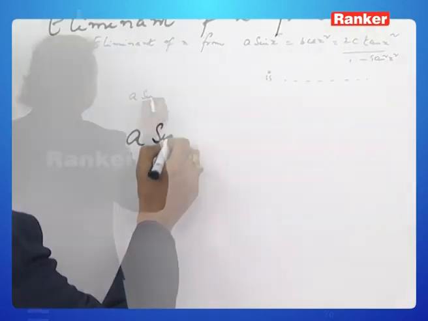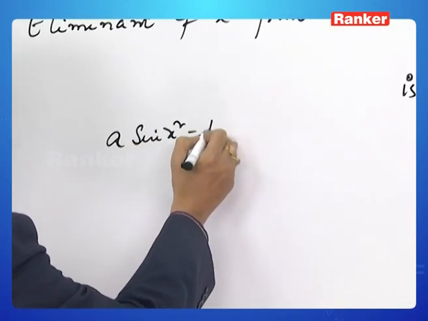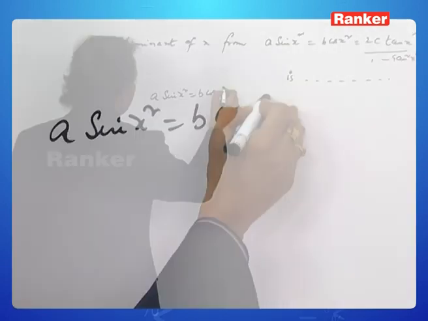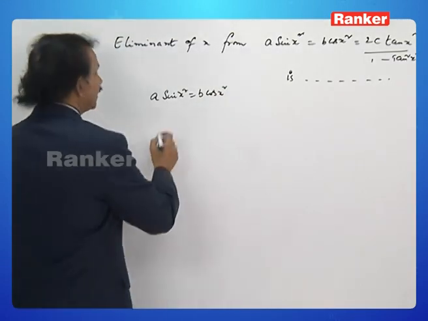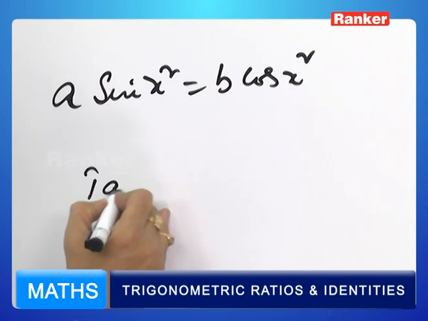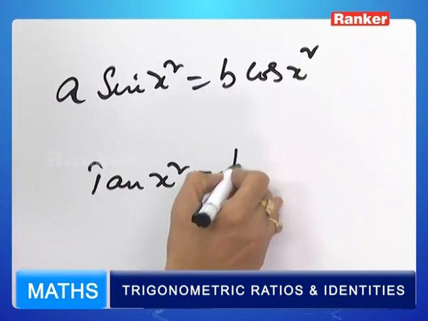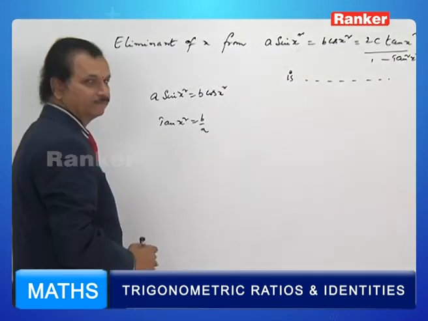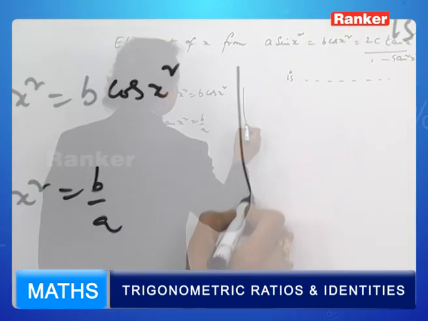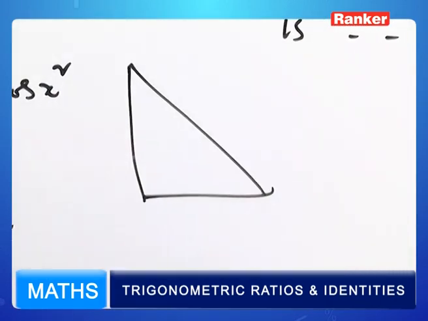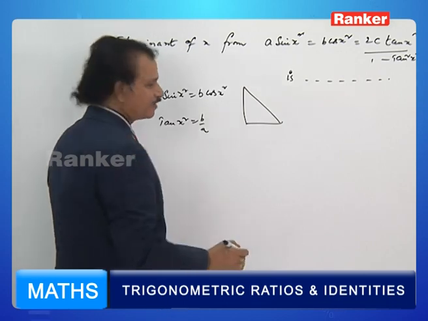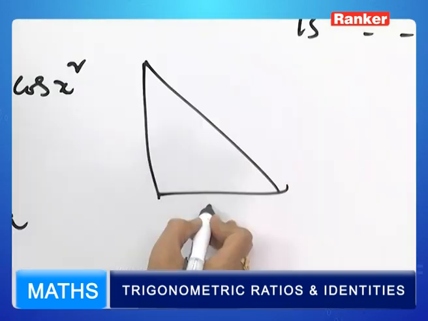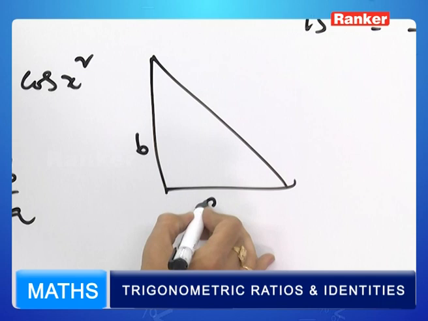A sin x square is equal to b cos x square. Therefore, tan x square is equal to b by a. From this usual and rough estimation, let this be b, let this be a.